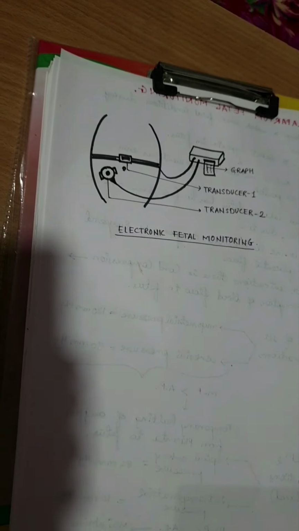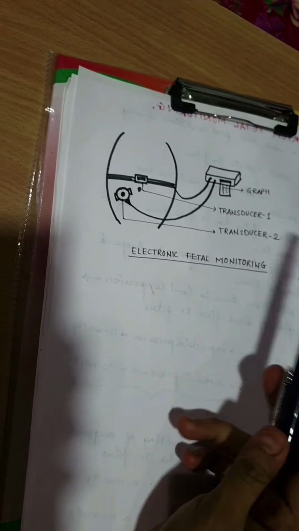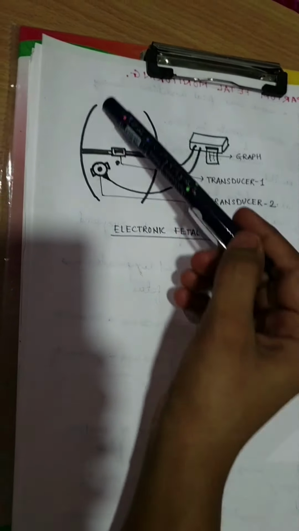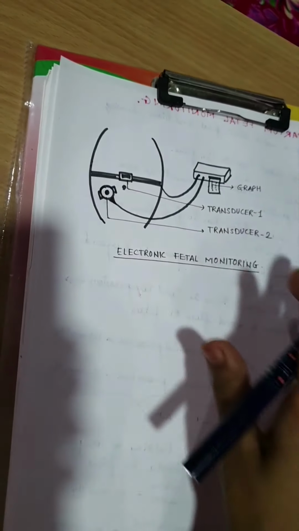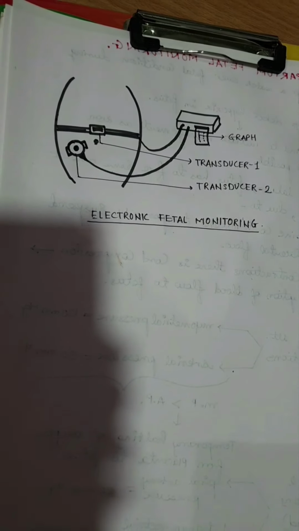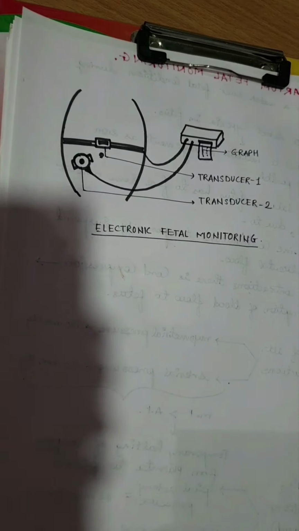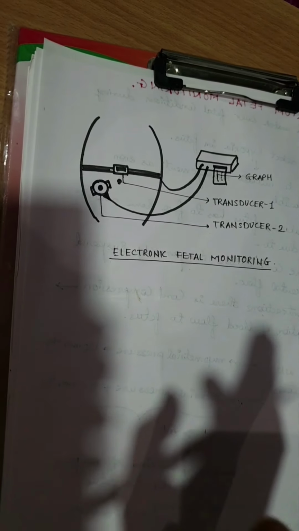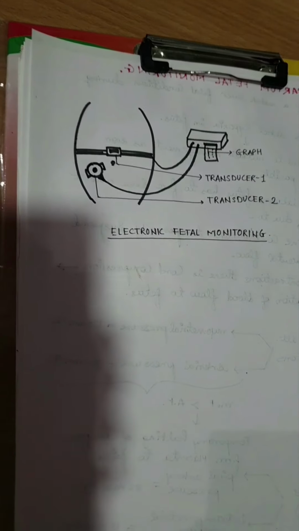Now we will see how this fetal monitoring is done. Here I have drawn the electronic fetal monitoring diagram. This is the abdomen of the female, and the female is lying in the supine position on the bed, and she is in labor, having proper uterine contractions, and we are monitoring her, that is fetal monitoring, in the labor room.